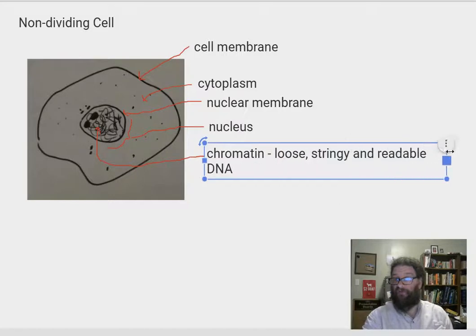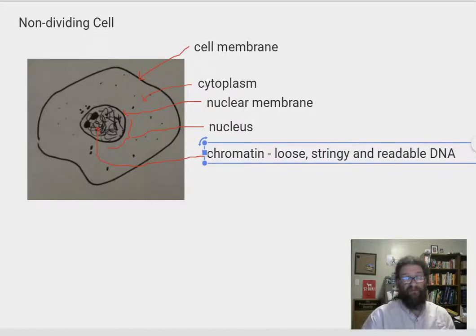Remember, in order for DNA to be read, all of the data, the information, is that sequence of bases on the inside, and so it has to be untwisted and unzipped in order to be read. Chromatin is that loose, kind of stringy form of DNA that can be unzipped and read.